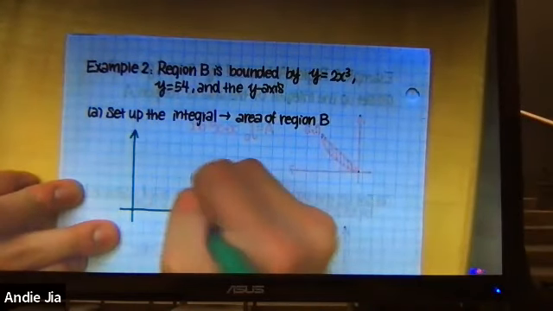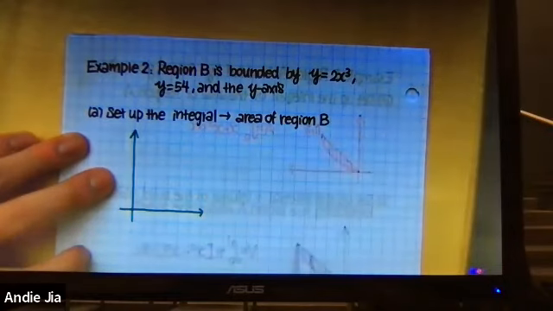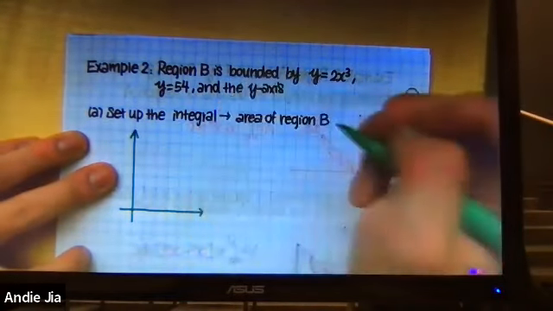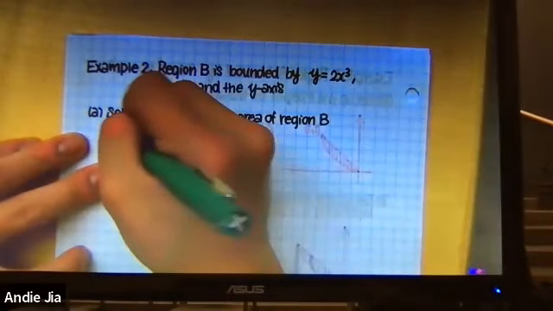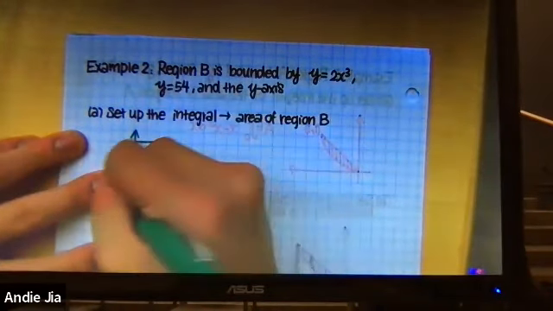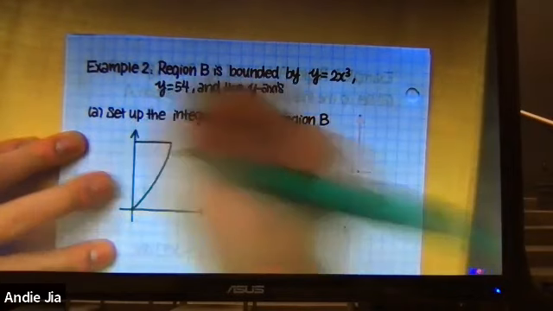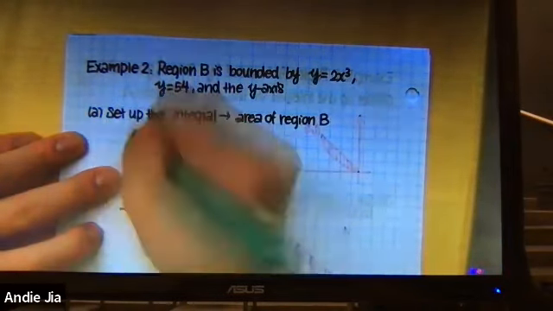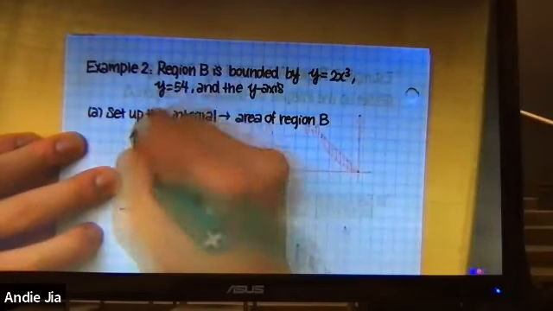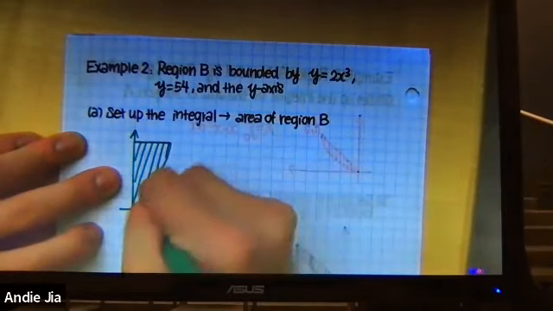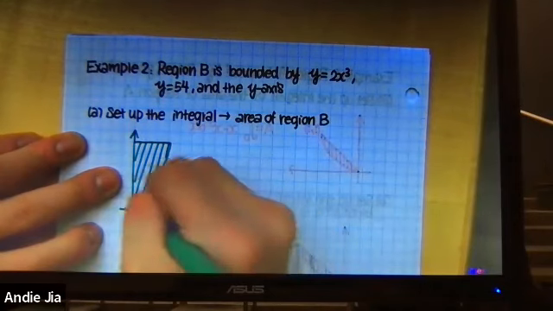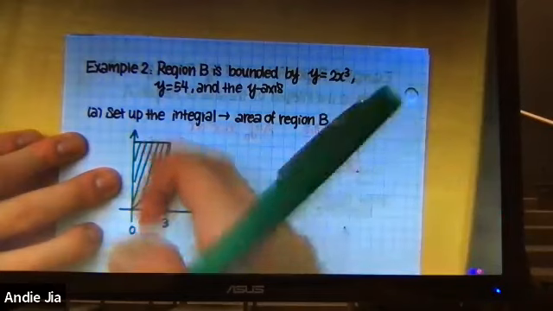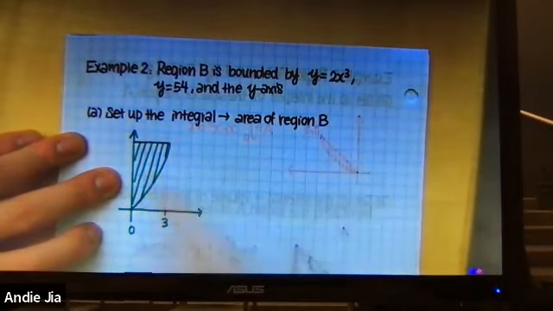So here's the region, with y equals 54 on top, bounded by x equals 3 and x equals 0.